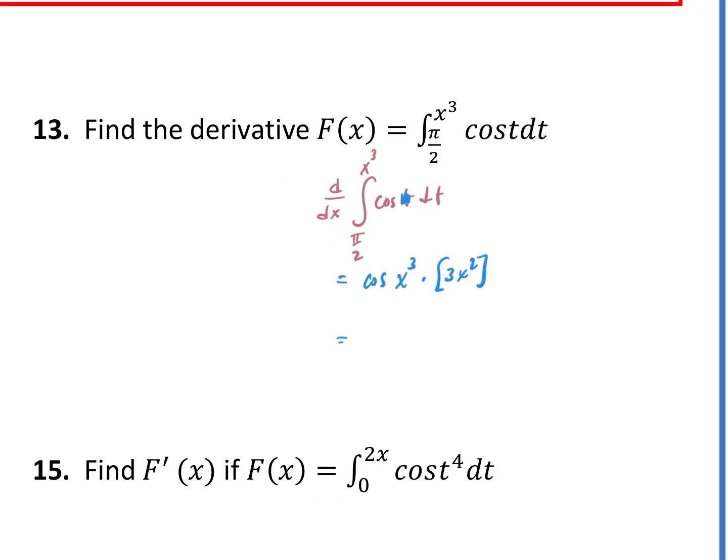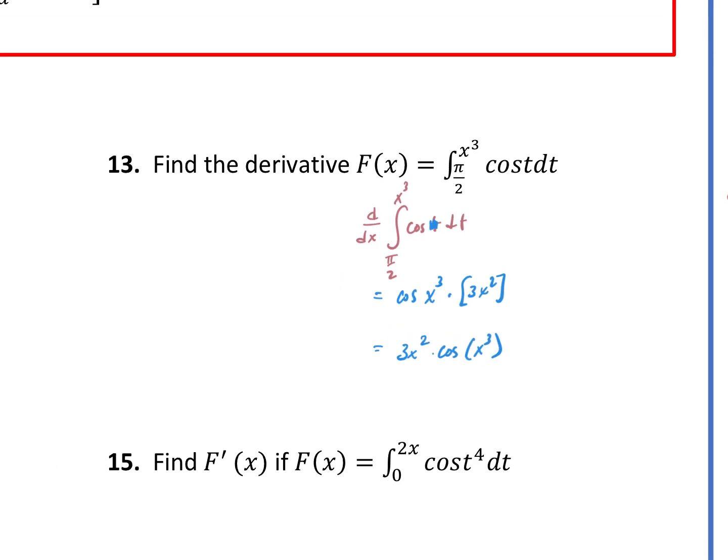Okay, so our final answer is 3x squared times cosine of x cubed. So you're not finding the integral of cosine. Okay, so whenever it's the second fundamental theorem, you're taking the top bound, plugging it in for the t, and then deriving.